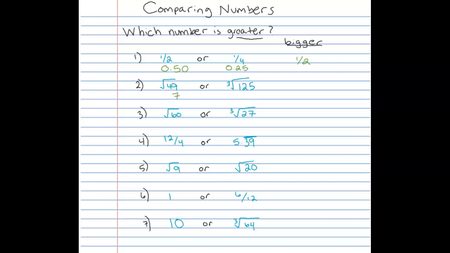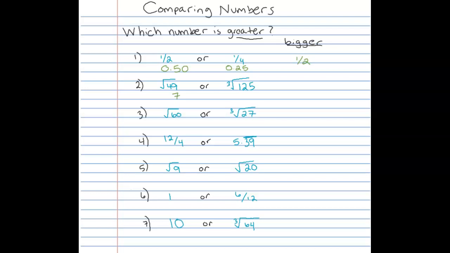Now, the cubed root: what times what times what, again the same number, multiplied by itself 3 times gives me 125. There are 2 ways I can do this. I can go 1 times 1 times 1, 2 times 2 times 2, 3 times 3 times 3.